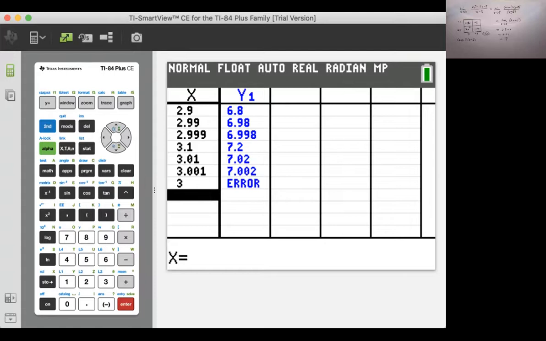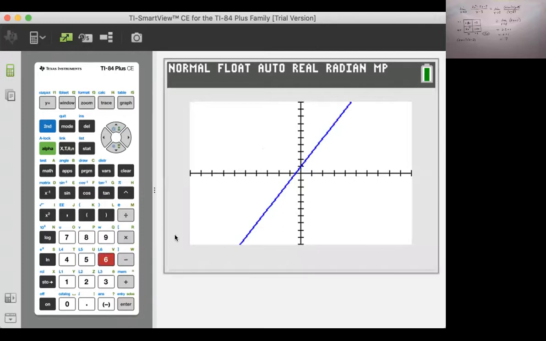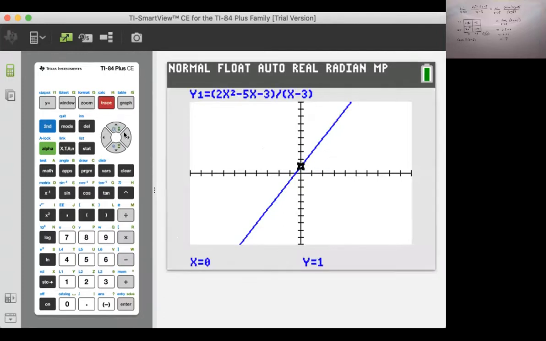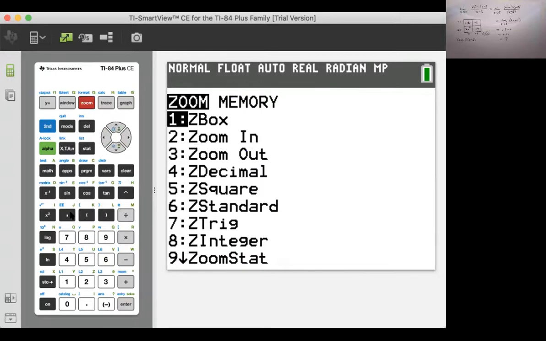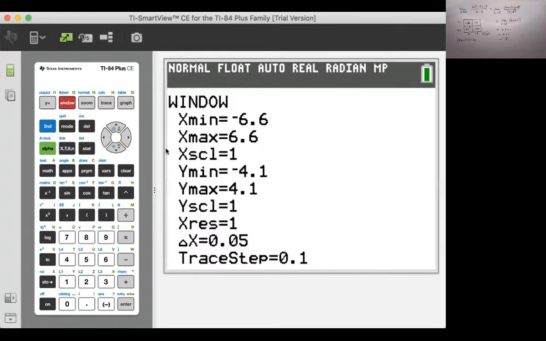Okay. We certainly could look at a graph of this if we wanted to. We could say zoom standard maybe. And as we get closer and closer to 3, it's not really the best window. We can go to zoom decimal maybe and then adjust the screen from there. I need to have more y values.